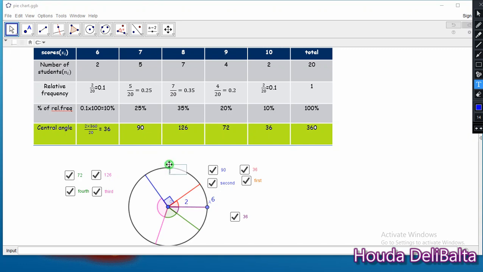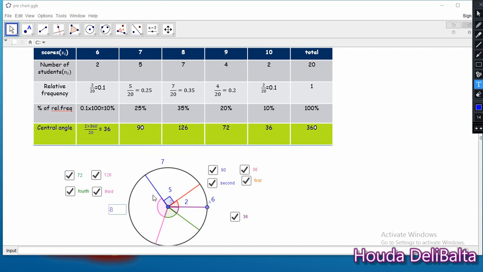Now this piece here is corresponding to the value 7, so I write outside 7 and inside I write the frequency, which is 5. Again, this piece here is corresponding to the value 8, which has the highest frequency.